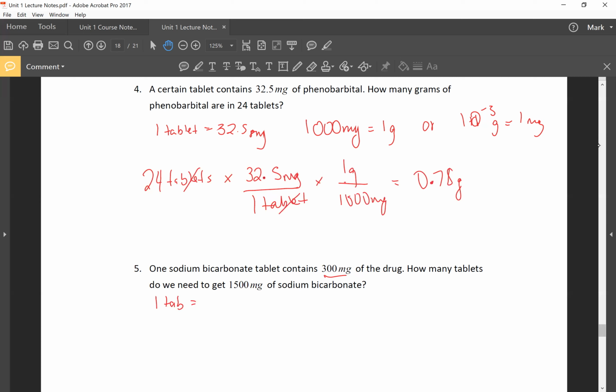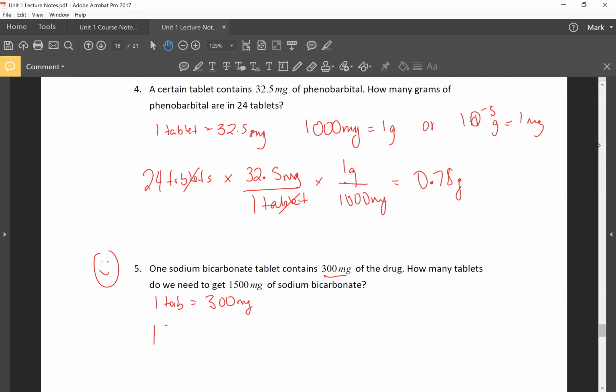Anyways, 1 tablet, I'm just going to write the word tab, is equal to 300 milligrams. And the question is, how many tablets do we need to get 1,500 milligrams of sodium bicarbonate? This one's really easy. This would be a nice, easy test question, 1 calculation.